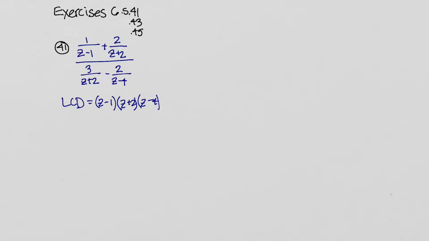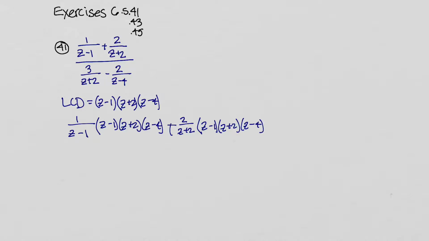So we'll get 1 over z minus 1 times z minus 1, z plus 2, z minus 4, plus, that plus sign right there, and then this 2 over z plus 2 times, and then we'll put the LCD right alongside, so it'll look like this, z minus 1, z plus 2, z minus 4.